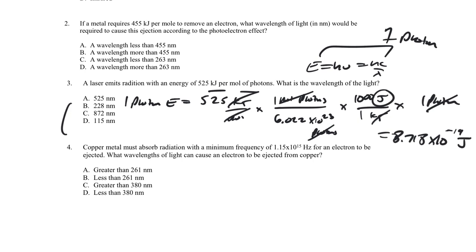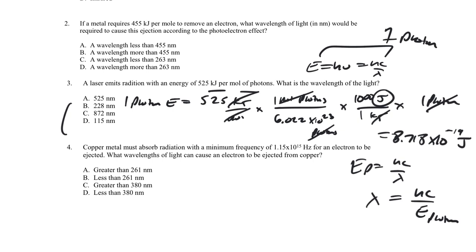And then I just plug that in as my E of my photon, hc over lambda. So I can solve for lambda by taking hc divided by this energy of our photon. So I take 6.626 e to the minus 34. You can check your equation sheet. You get Planck's constant and the speed of light. If you forget those values, you can look them up.